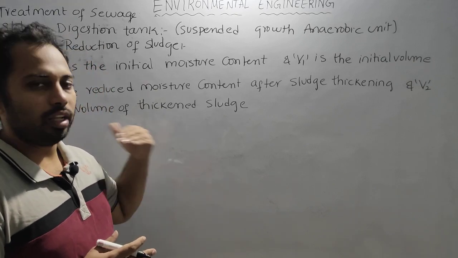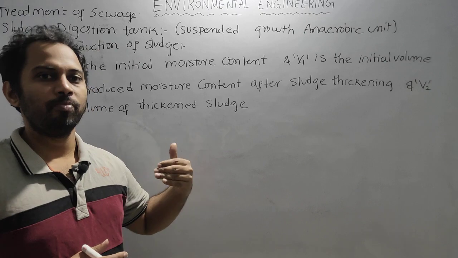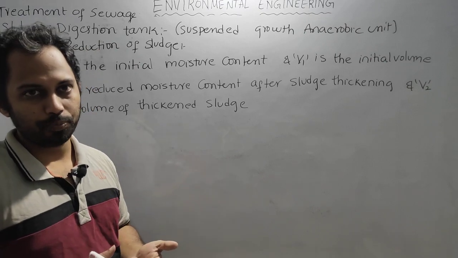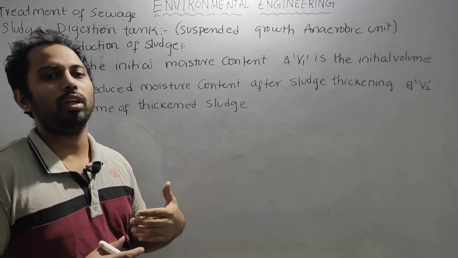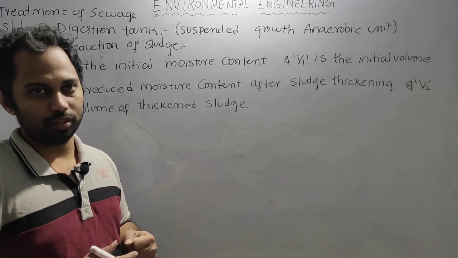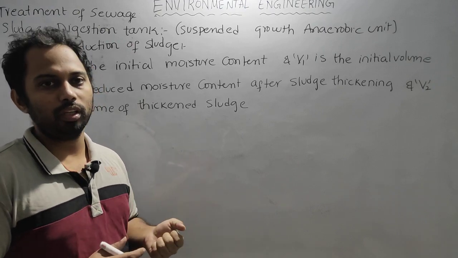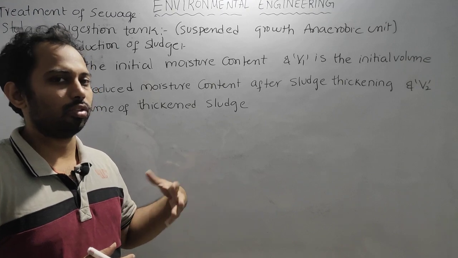The sludge thickener's role is to reduce the volume of the sludge, whereas the sludge digester's role is to reduce the concentration of the solids inside the sludge.